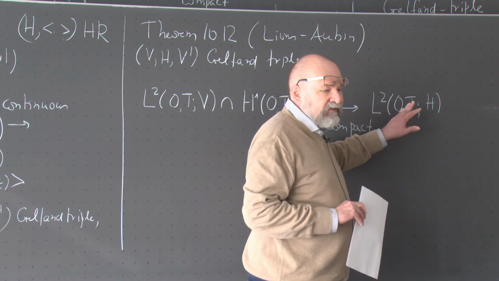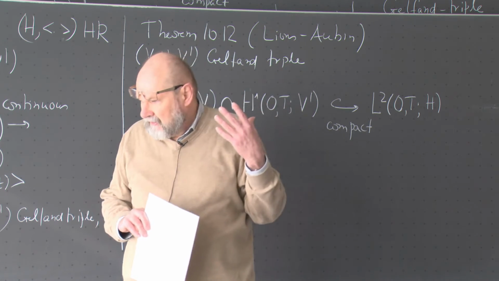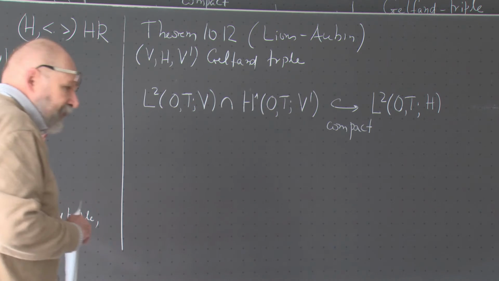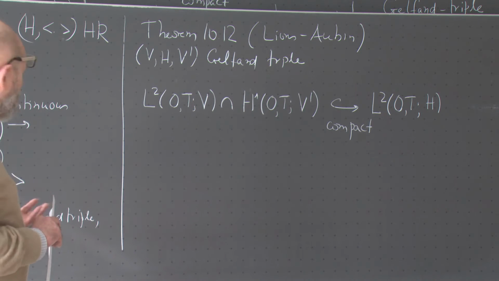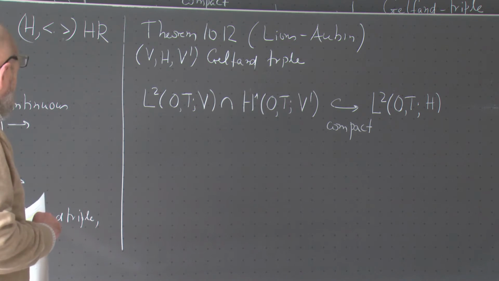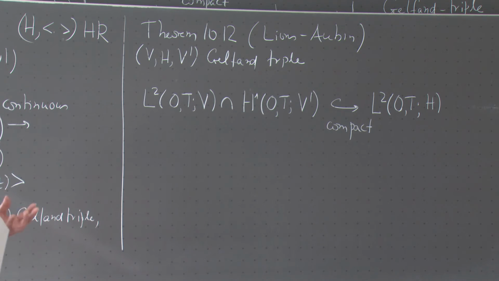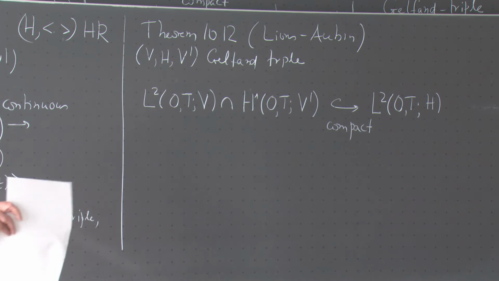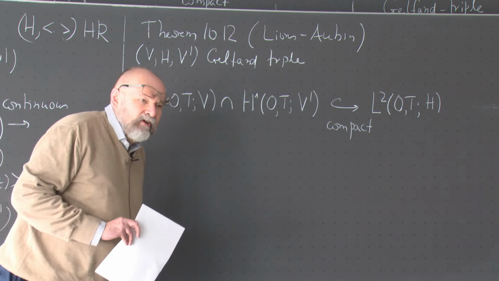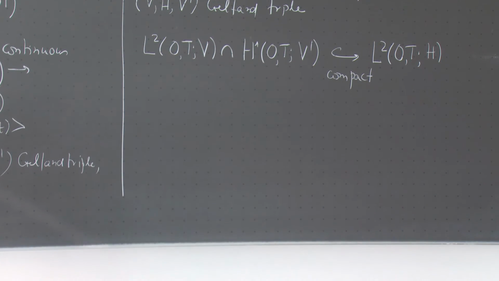So the question is, do we have to work with weak convergence, or can we work with strong convergence? Boundedness in Hilbert spaces and in reflexive spaces only gives us weak convergence. That's the definition of being a reflexive space.